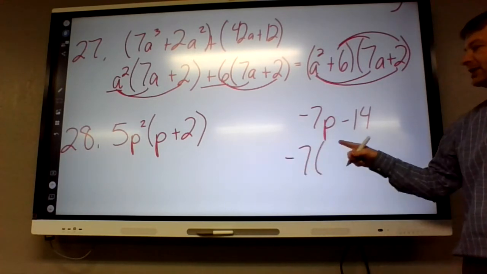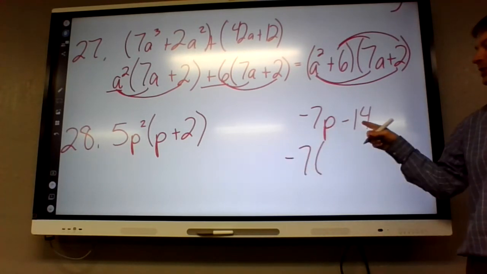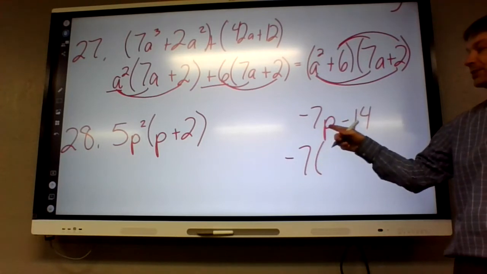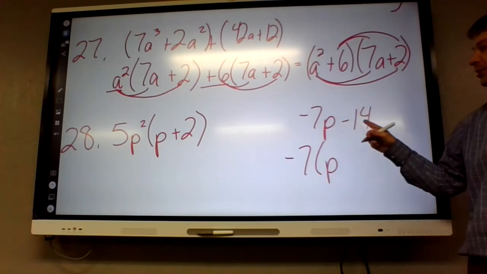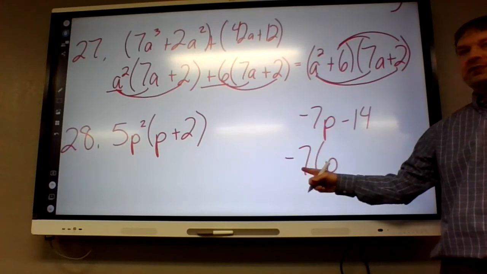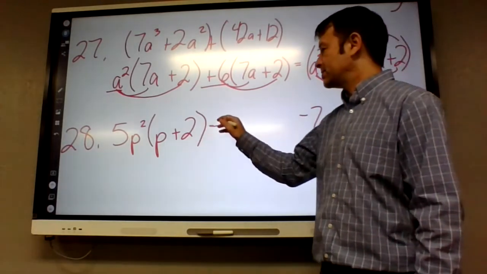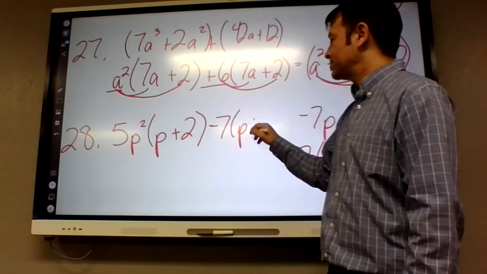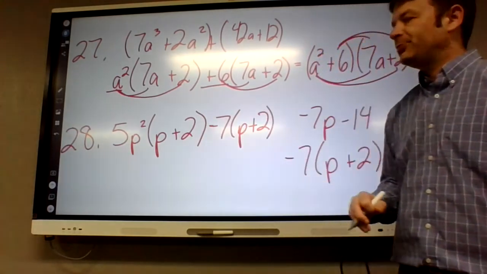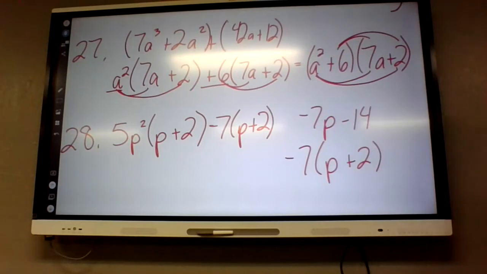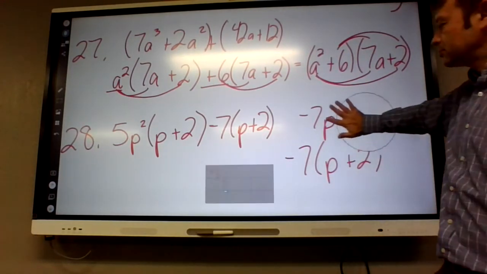If I take out a negative 7, what's left? Negative 7p divided by negative 7 is positive p. Negative 14 divided by negative 7 is positive 2. So notice the parentheses match. If they don't match, you did something wrong.